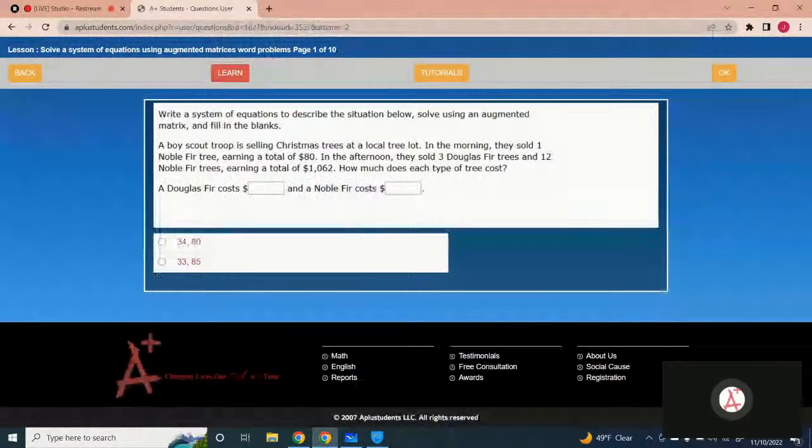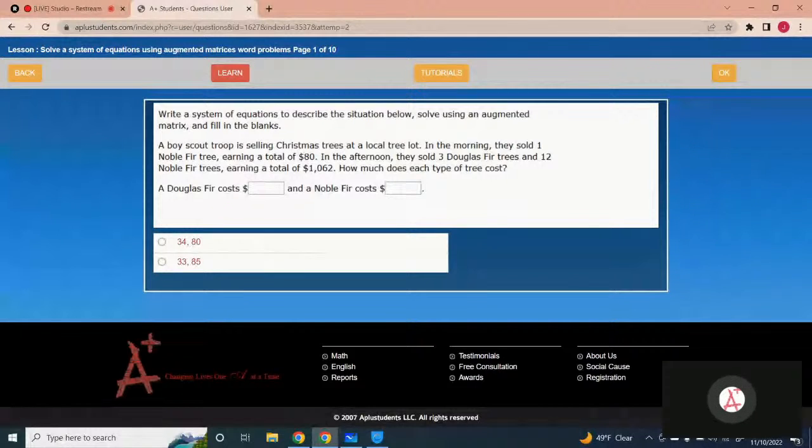A Boy Scout troop is selling Christmas trees at a local tree lot. In the morning, they sold one noble fir tree, earning a total of $80. In the afternoon, they sold three Douglas fir trees and 12 noble fir trees, earning a total of $1,062. How much does each type of tree cost?